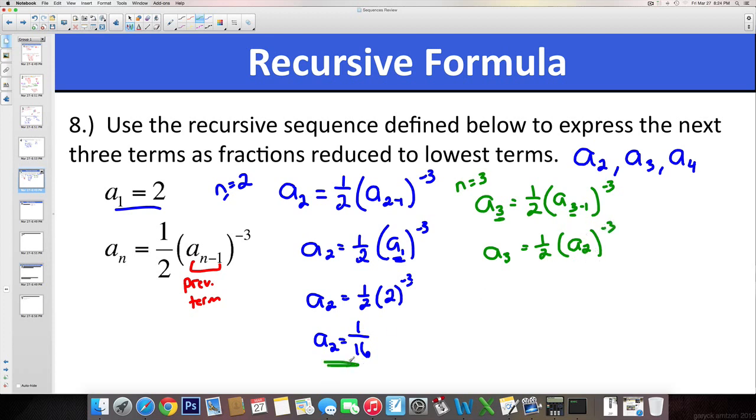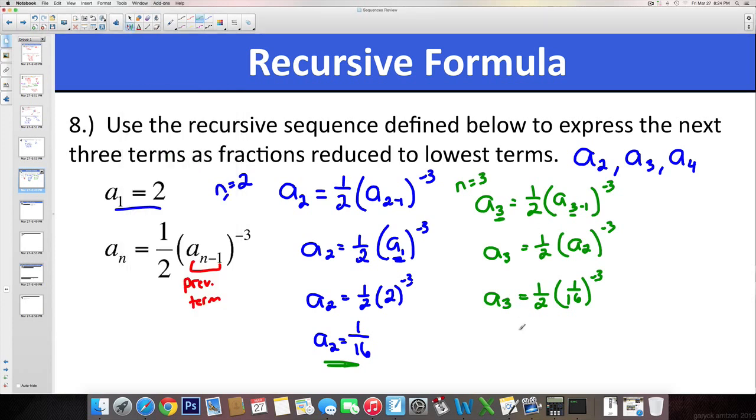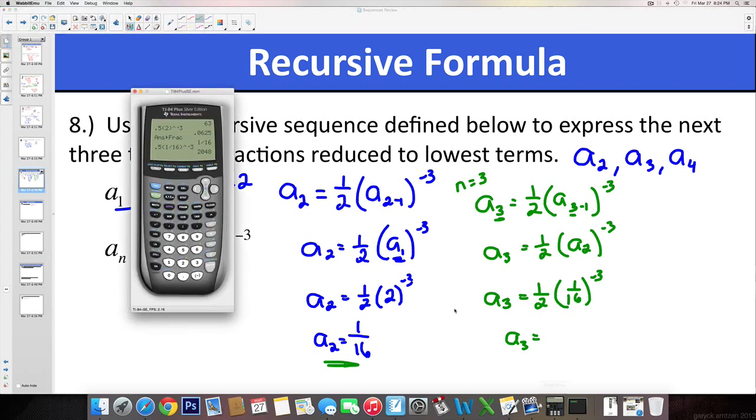We just found it right here. So we can replace a sub 2 with 1/16. And again, we'll just use our calculator. And this time it winds up being 2048.